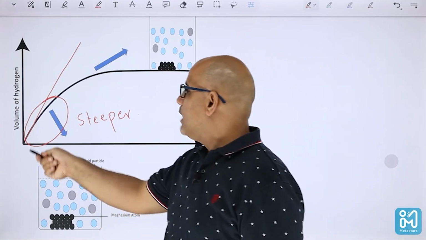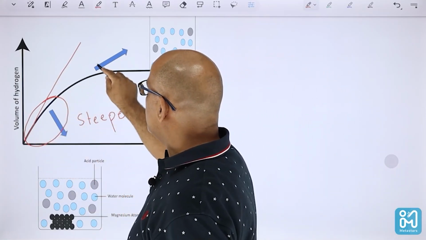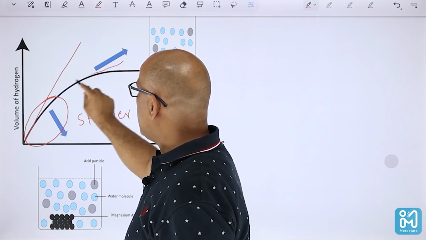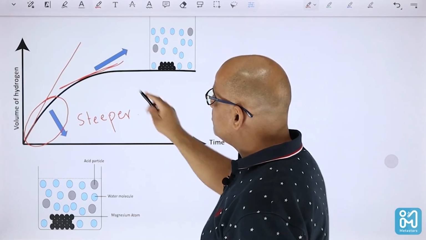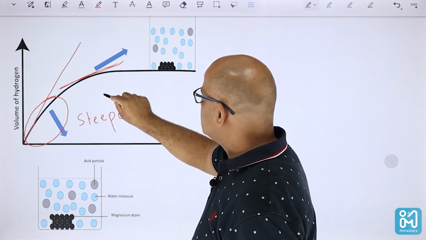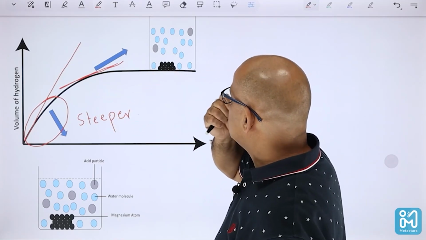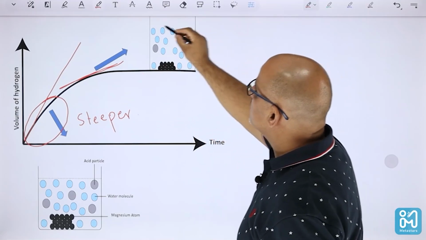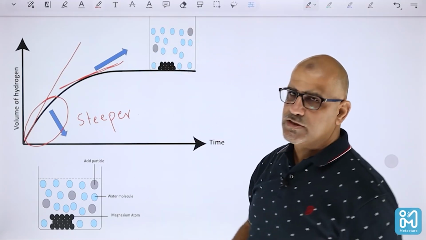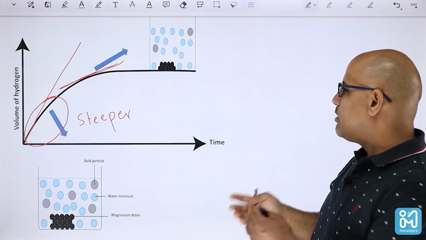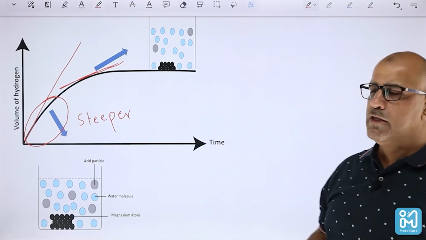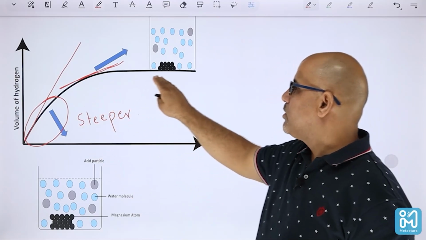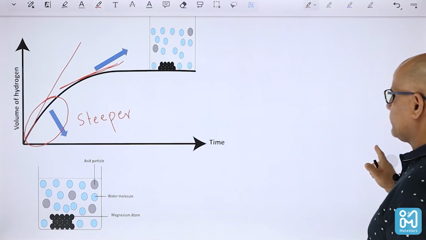That's why at the beginning of the reaction the rate is faster, while the slope of the tangent line, or the gradient, becomes lower, less steep, because the particles were consumed in the reaction and there are fewer collisions between the particles as the reaction goes further.